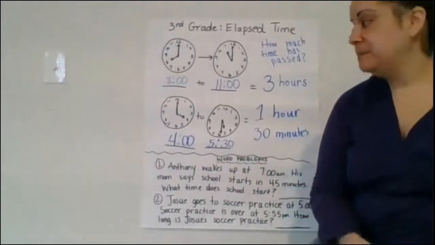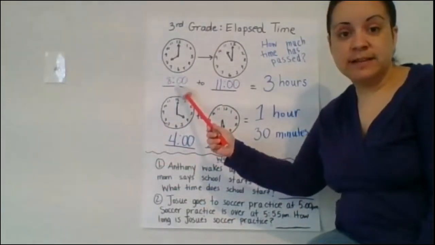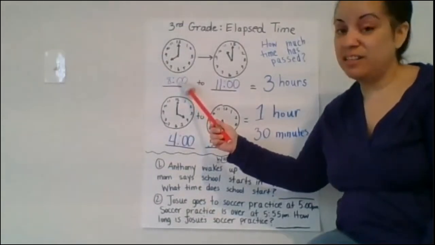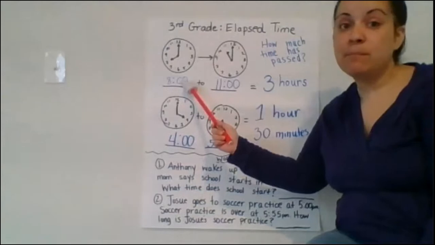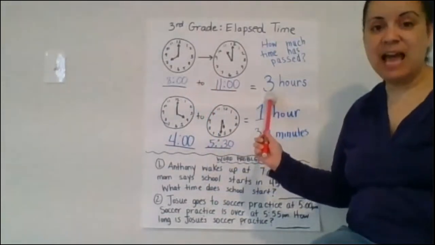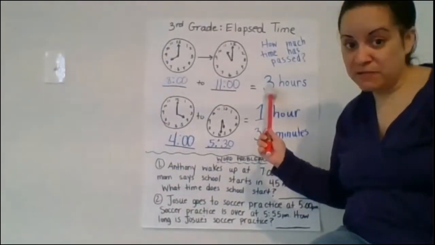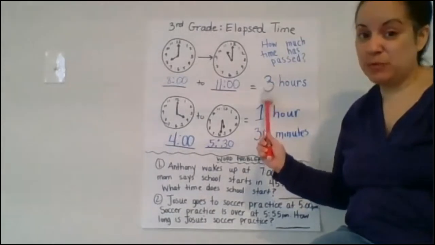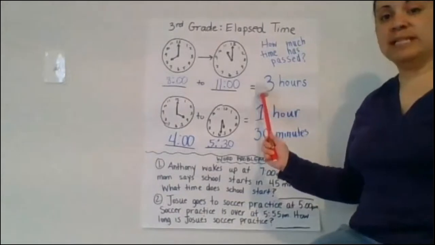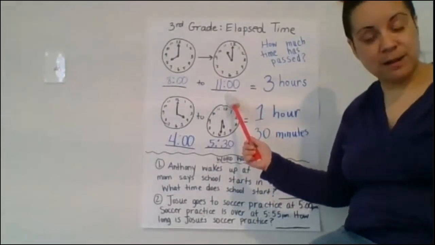Or we could say, Yamaleth started breakfast at 8 o'clock. She ate breakfast for 3 hours. What time did she finish breakfast? That's a long breakfast. She ate breakfast for 3 hours. What time did she finish breakfast? We would say she finished breakfast at 11 o'clock.